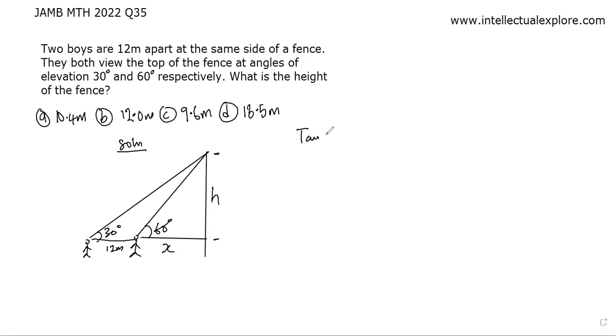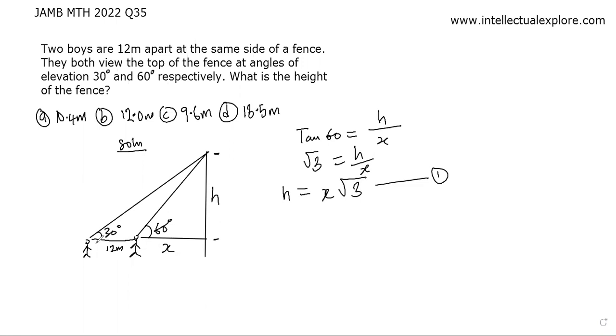So tan 60 will be opposite, which is H, over adjacent, which is X. Tan 60 is a special angle, root 3, equals H over X. So if we make H the subject, H will be X times root 3. I'll keep that as my equation 1.